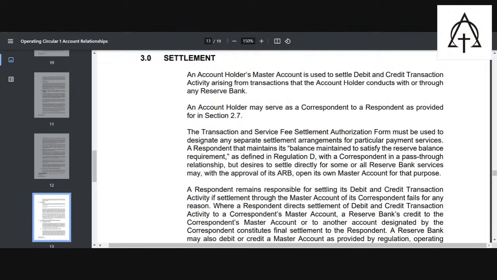An account holder's master account is used to settle debit and credit transaction activity arising from transactions that the account holder conducts with or through any reserve bank. An account holder may serve as a correspondent to a respondent as provided for in section 2.7.